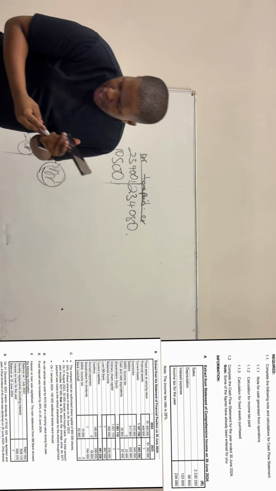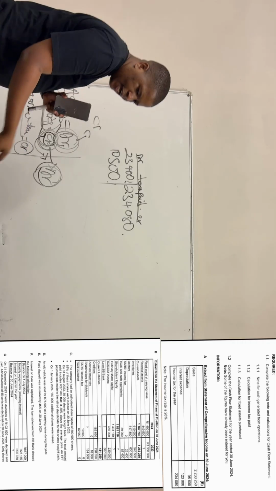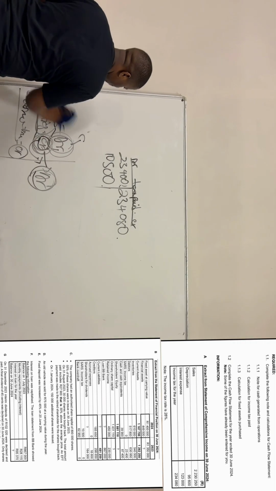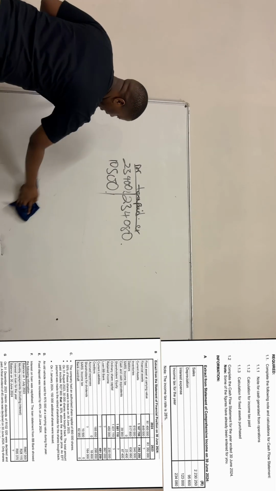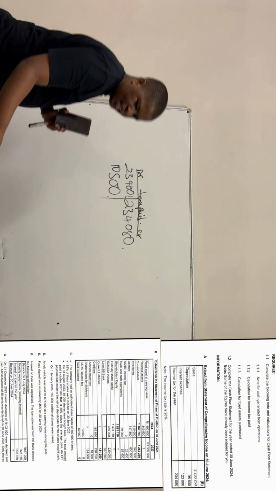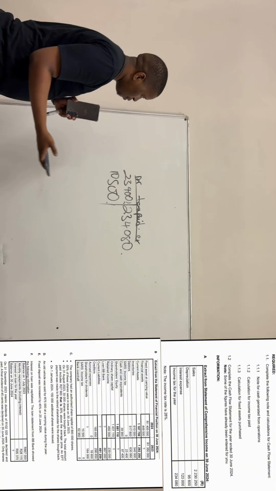Then after, you check which side is bigger. Obviously, we can see that the credit side is more than the debit side.